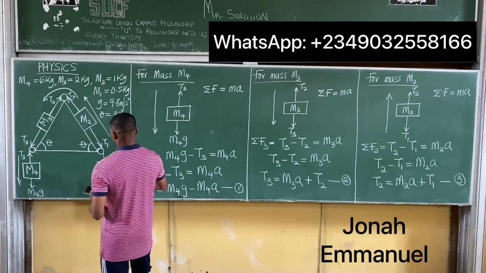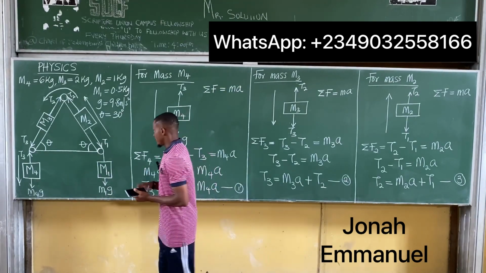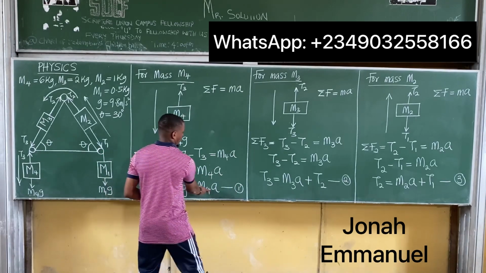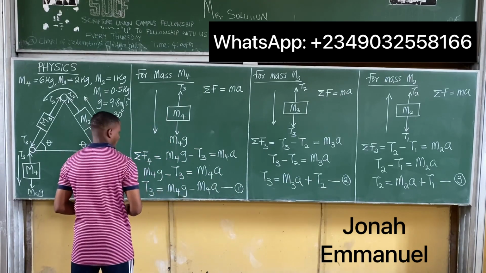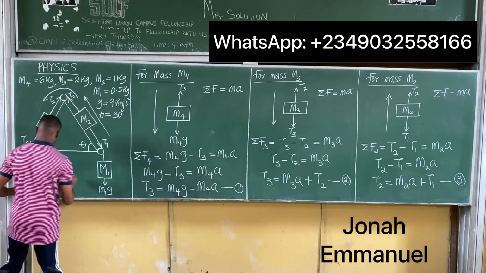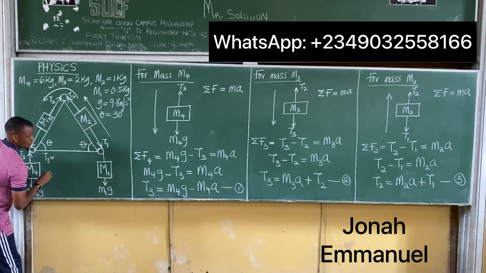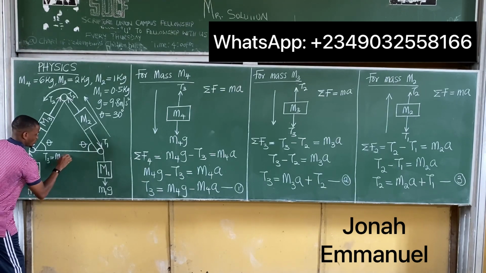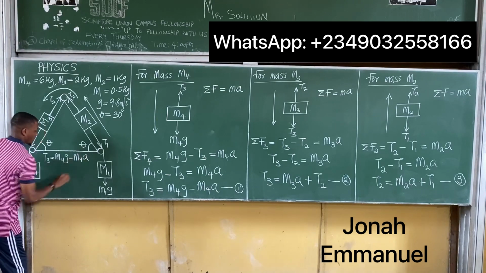Our final task is to analyze mass M1. All right, so I'll have to clean this. Let me get down these equations because they are very important. So I'll write down the equations somewhere first before I clean up. So from this, we have that T3 is equal to M4G minus M4A.